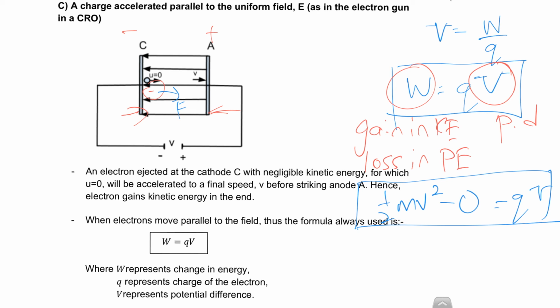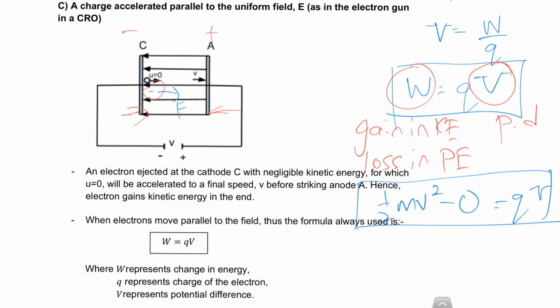So when can we use these two formulas? Whenever you have a charge initially at rest in an electric field and it starts to accelerate, then you can use this. Or if there's a charge that you move against the electric field, you can also use it. Understand or not?